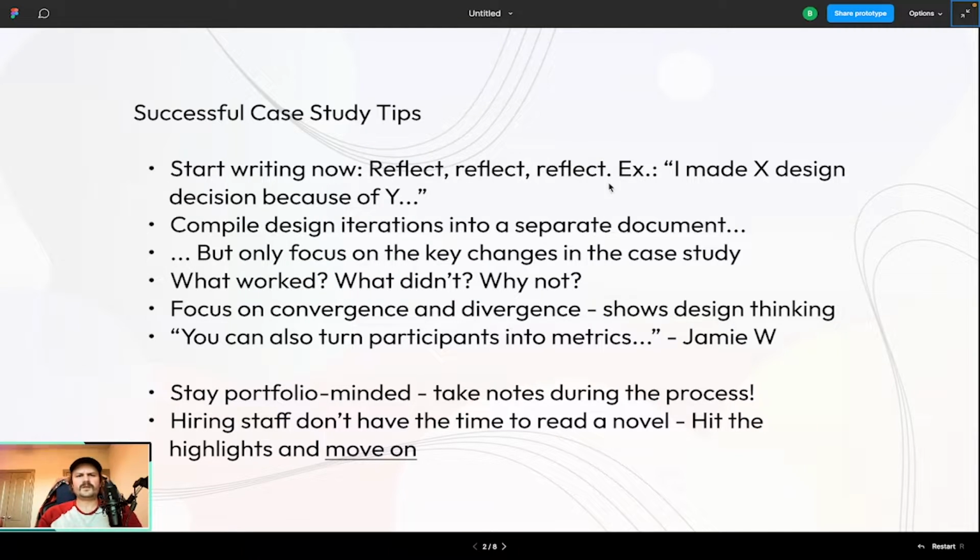So another big tip here would be, aside from showing why you did something, why you didn't do something, you'll also want to write down, or at least make some sort of note referring to, processes where you had a convergence and a divergence.